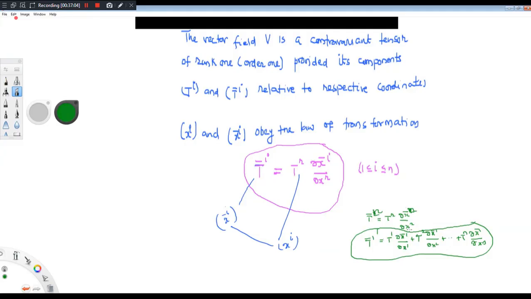Okay, so there is another type of tensor, called a covariant tensor. After defining this also, we will see the difference between these two and how to interpret this geometrically. A tensor of rank 1 is a vector, and a tensor of rank 2 is a matrix. So there will be a contravariant vector and a covariant vector.